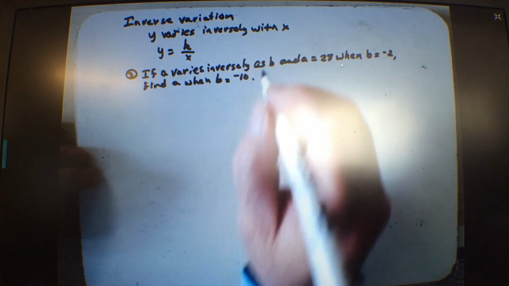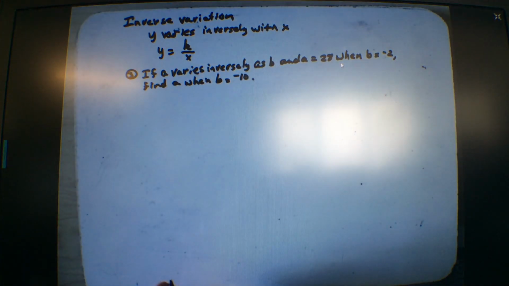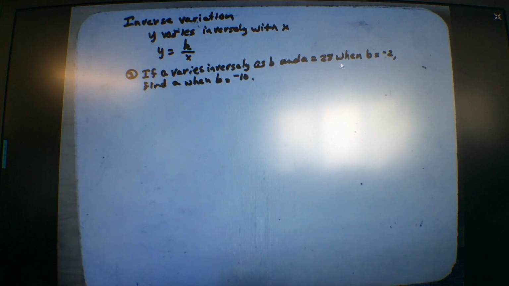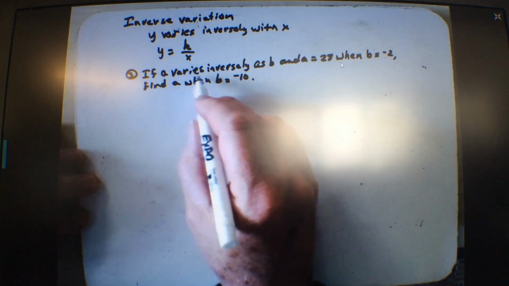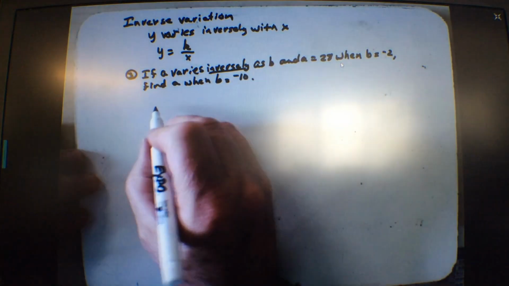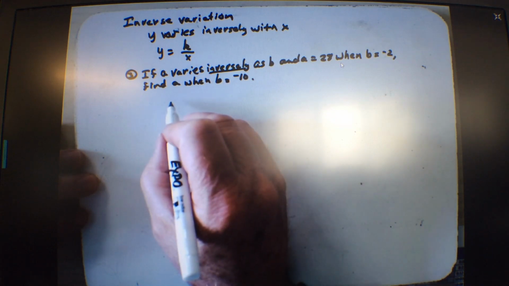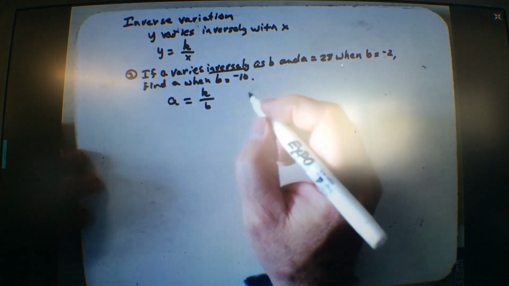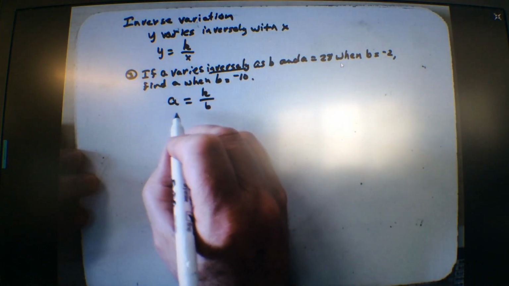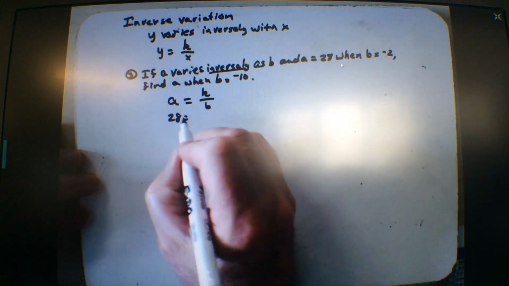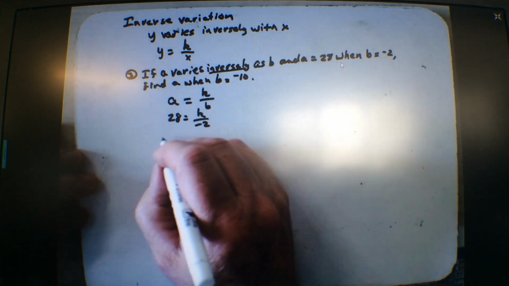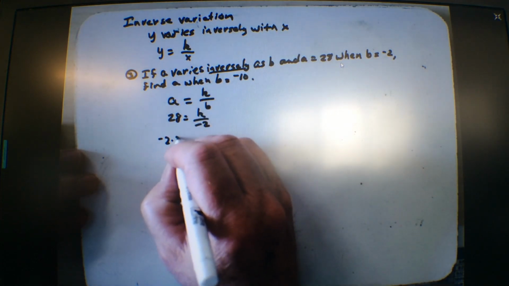Okay. Since we know that, you've got to be able to write your equation first. If it varies directly, it's y equals kx, and if it varies inversely, it's y equals k over x. So we know it's inversely. So we say, in this case, A equals k over B. So we have 28 equals k over a negative 2, multiplying both sides by a negative 2.